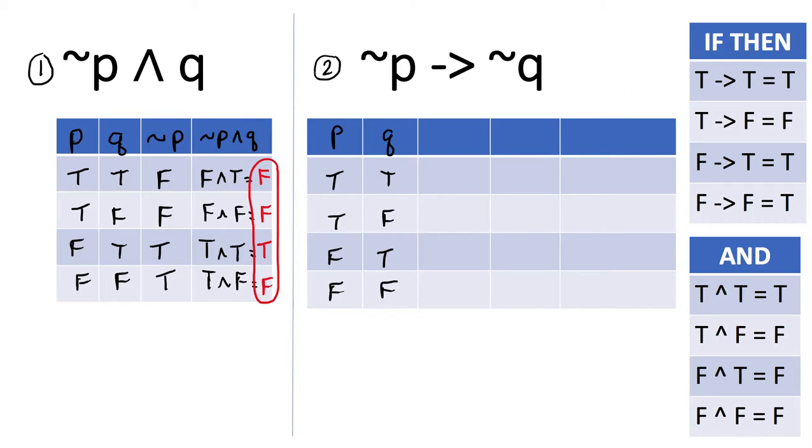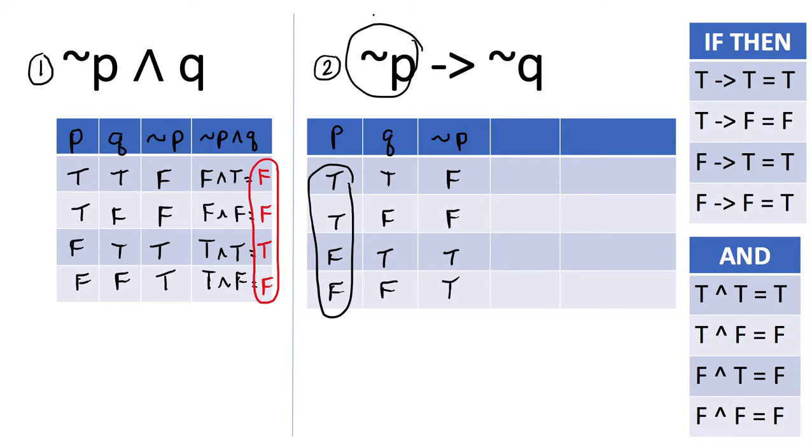Let's go ahead and look at the second one. So on the second statement, beginning on the left side, I see that I need a negation of P that I do not yet have in the chart. So we'll go ahead and do a negation of P by taking the opposite of the P values. So false, false, true, true. That will take care of the left side of that compound statement.